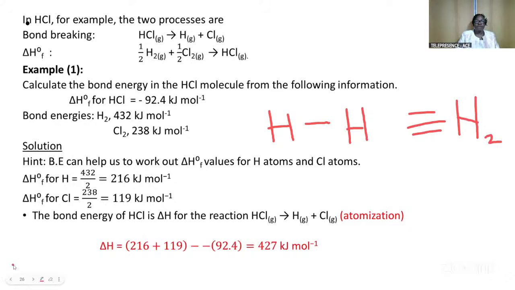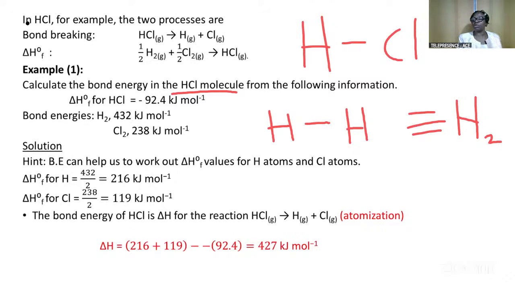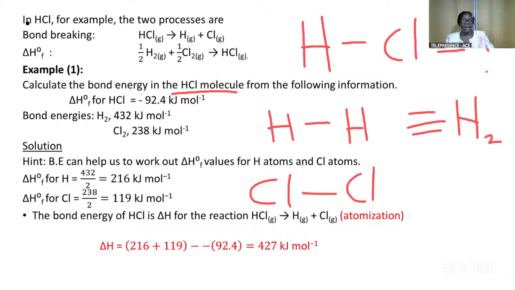So for HCl, the bond energy of HCl is what you have to calculate. Then for Cl2, this is the unknown. And then for Cl2, you have Cl bond. The bond energy has been given as 238 kilojoule per mole.